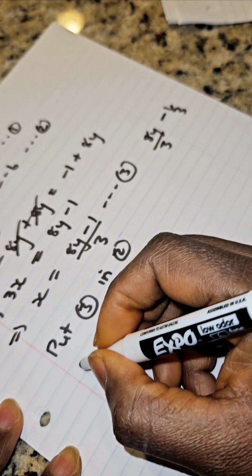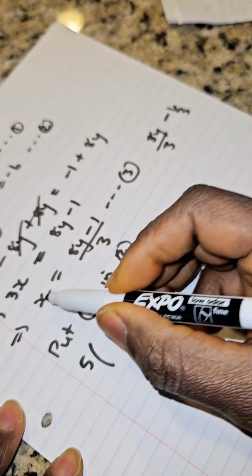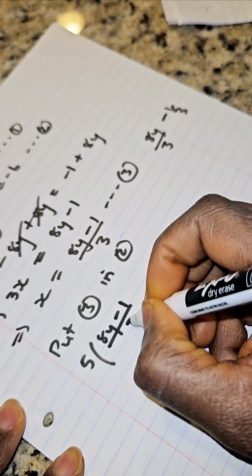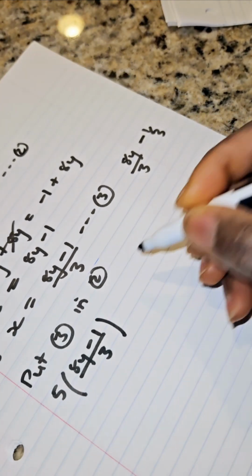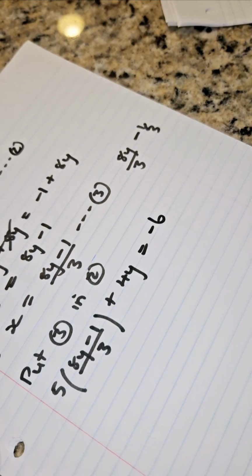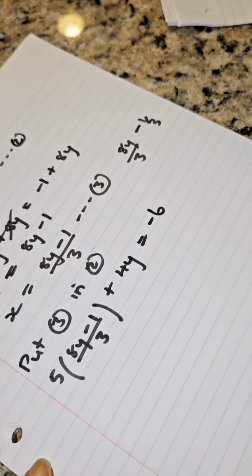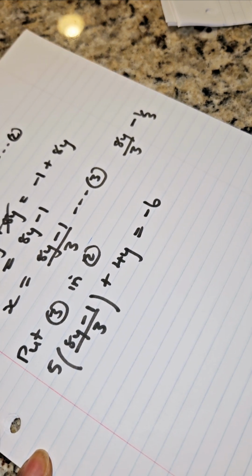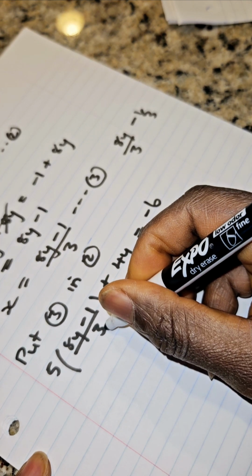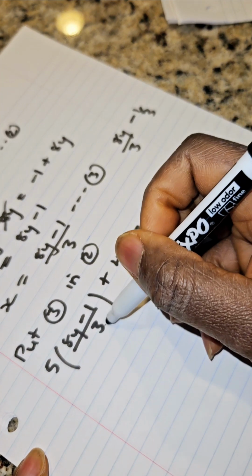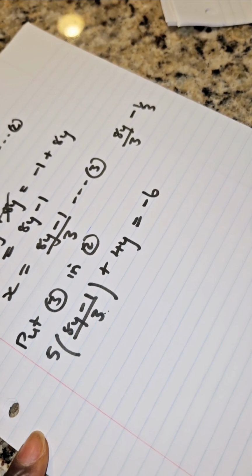So I will have 5 times x, which is this, 8y minus 1 divided by 3, plus 4y equals negative 6. Now, let me multiply through by 3, and I will do away with the 3 that is here. I can multiply all through by 3 to get rid of the denominator.